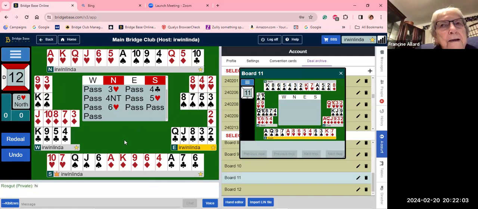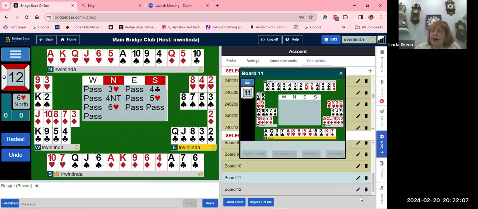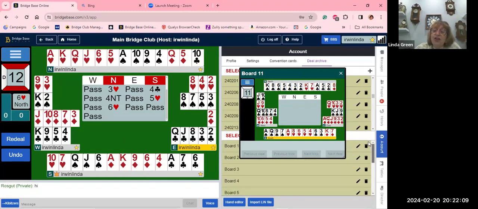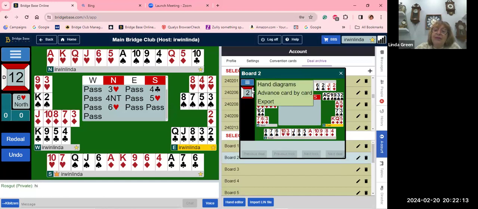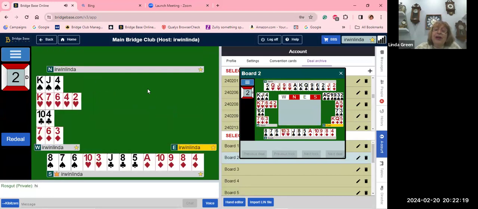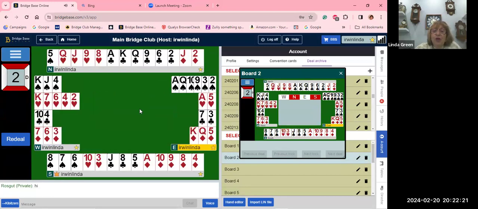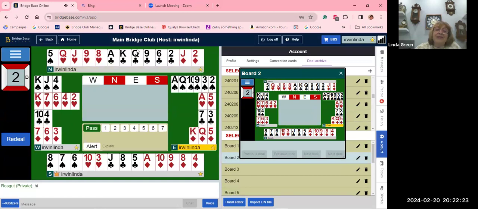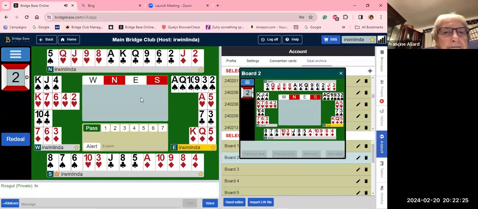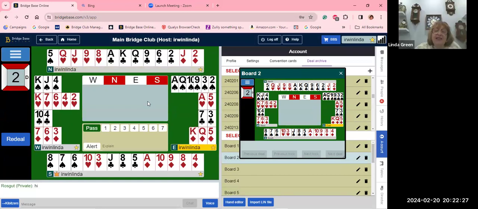Could we look at board 2? Board 2. Okay. Let's look at it and see what happens on board 2. You want to get the bidding or the play of the hand? The bidding. Okay. So East is going to open 1 spade.